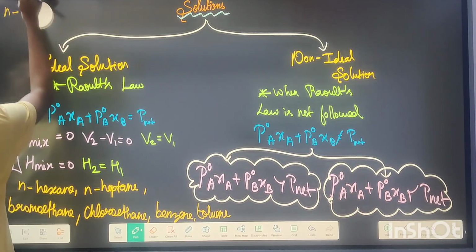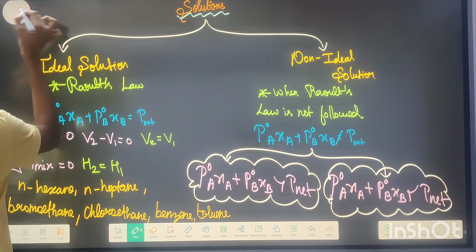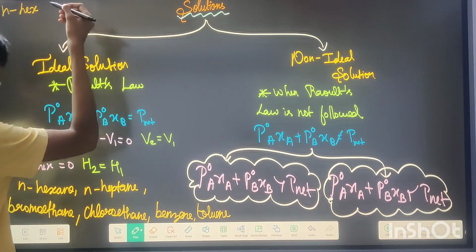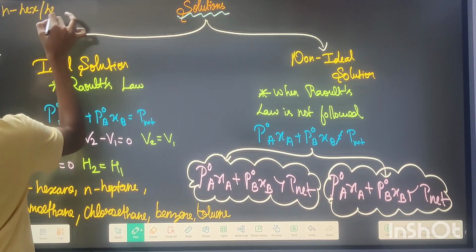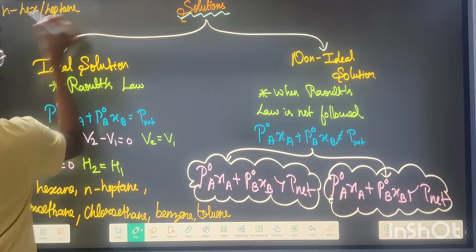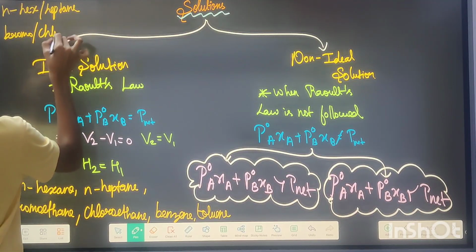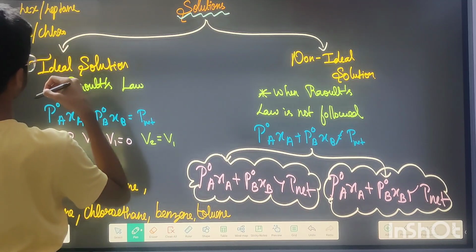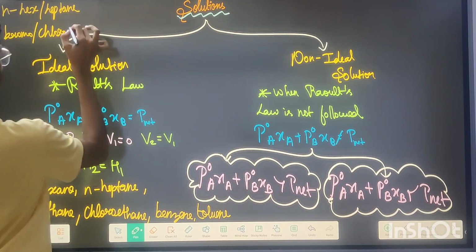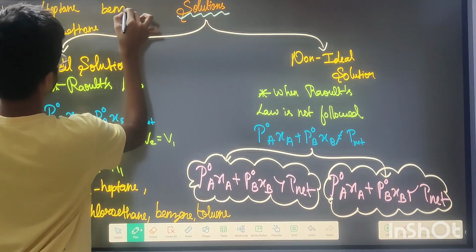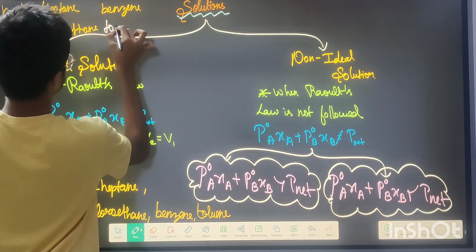N-hexane or heptane, then bromo or chloroethane, then benzene and then toluene.